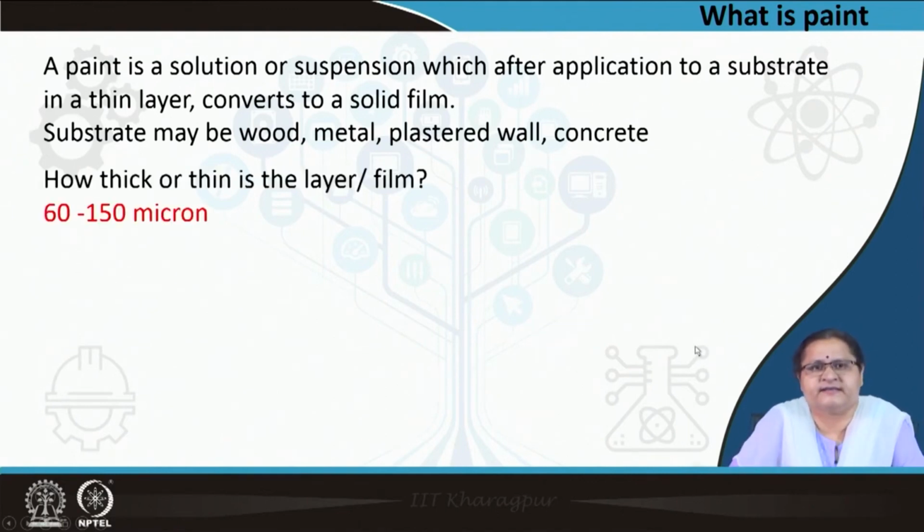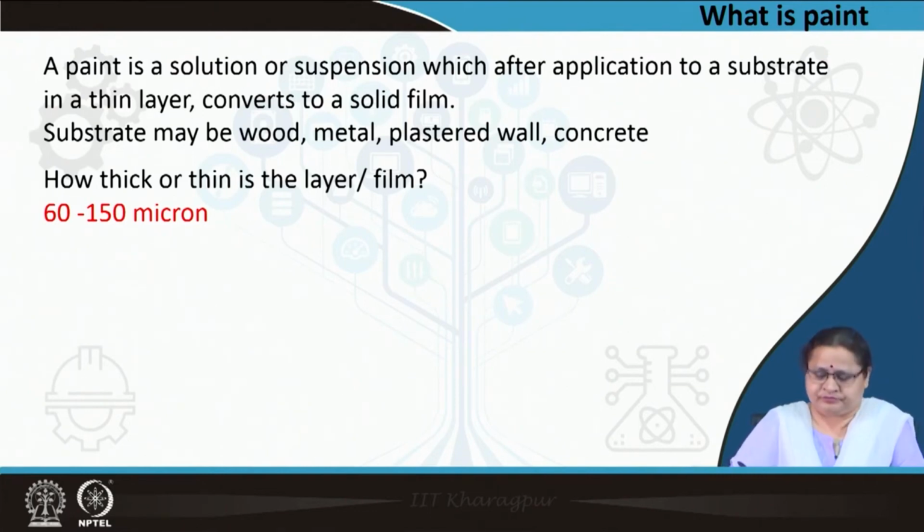How thick is a layer of paint or the film of paint? It is around 60 to 150 micron. So, you have to understand that the solid film is made of certain particles which are at most maximum 150 micron in dimension.